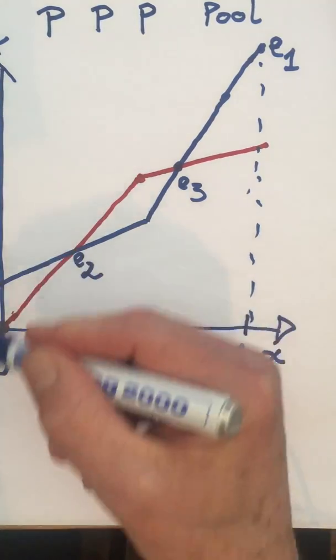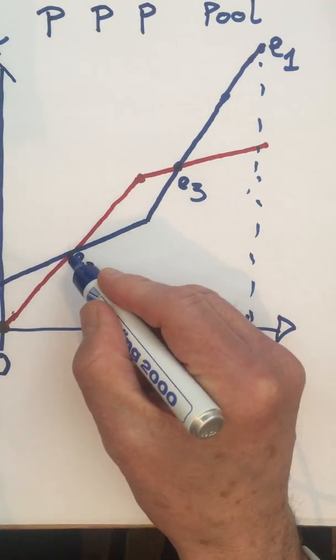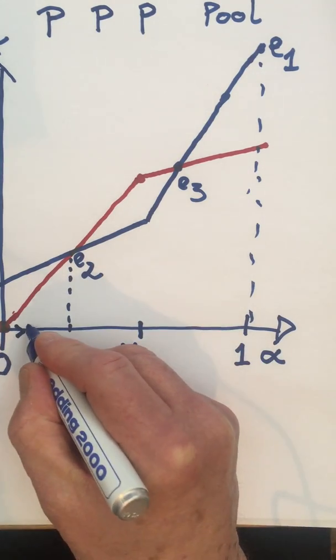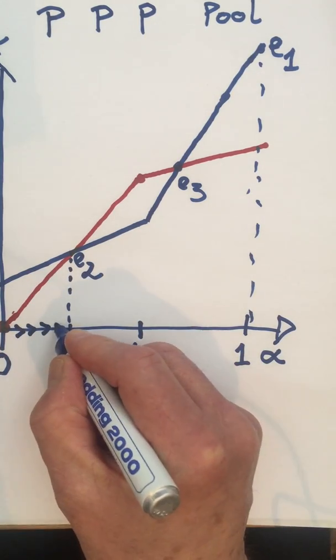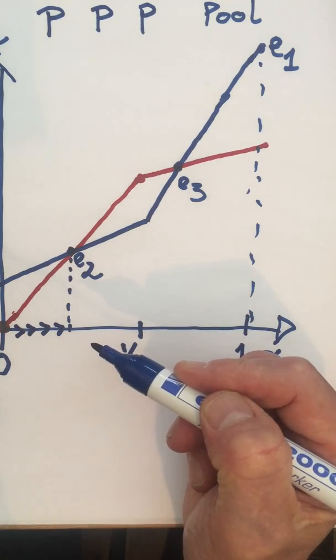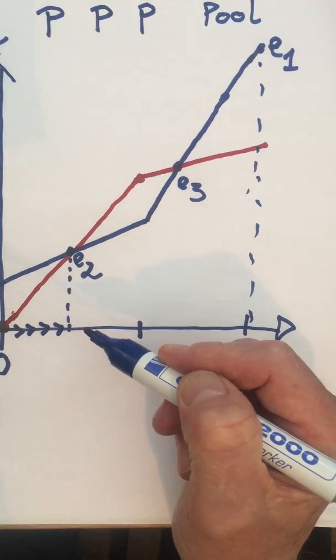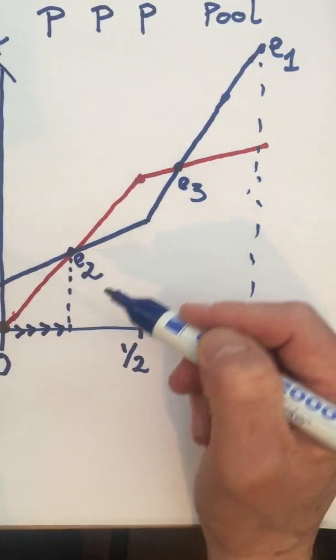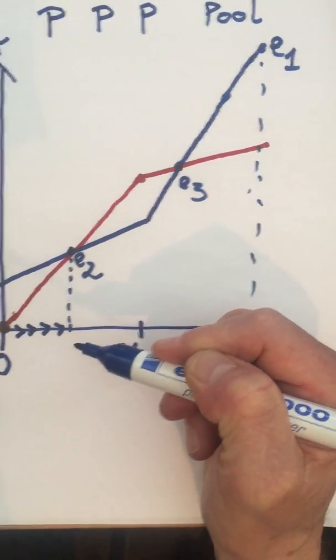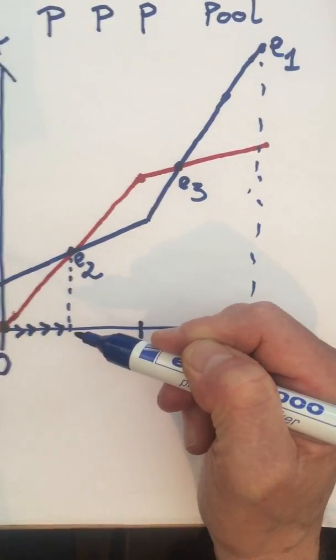So some entrepreneurs will start up with production, and they will increase the share of the total entrepreneurs until you're up to E2. Then it's equally profitable. Then there are so many targets around that it's equally profitable to be a parasite as to be a producer.